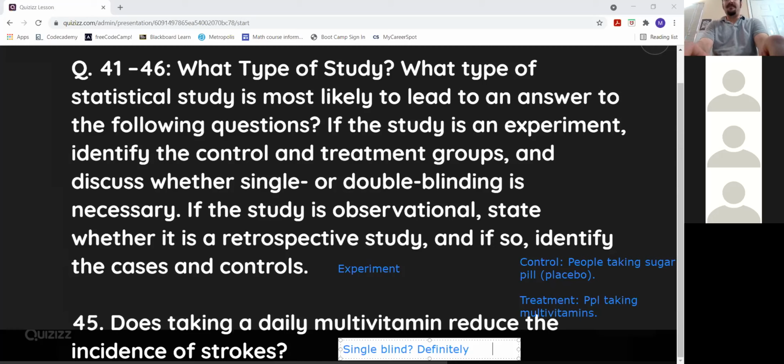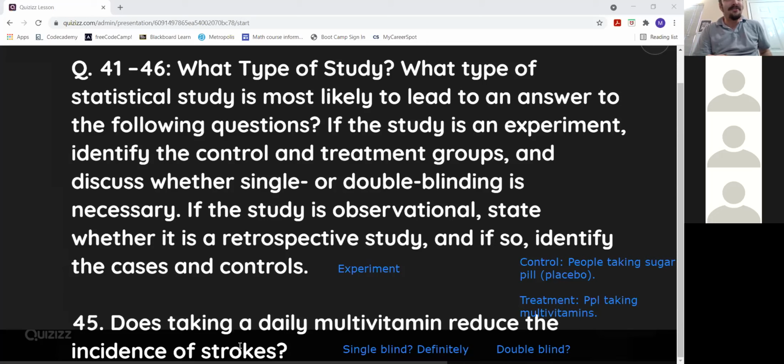Double blind. Do we need to do double blind in this one? You don't need to, but it would help with the results. Here I think you're pretty safe not doing double blind. Part of the reason is that we're studying strokes, right?